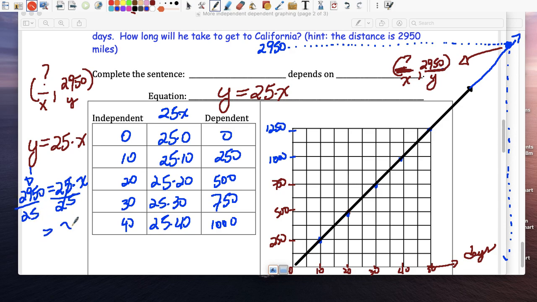So x, the number of days, would be 2,950 divided by 25, which is 118 days. So this point over here, where the total distance traveled was 2,950, matches how many days? It's 118. So that is 118 days walked to get to 2,950.